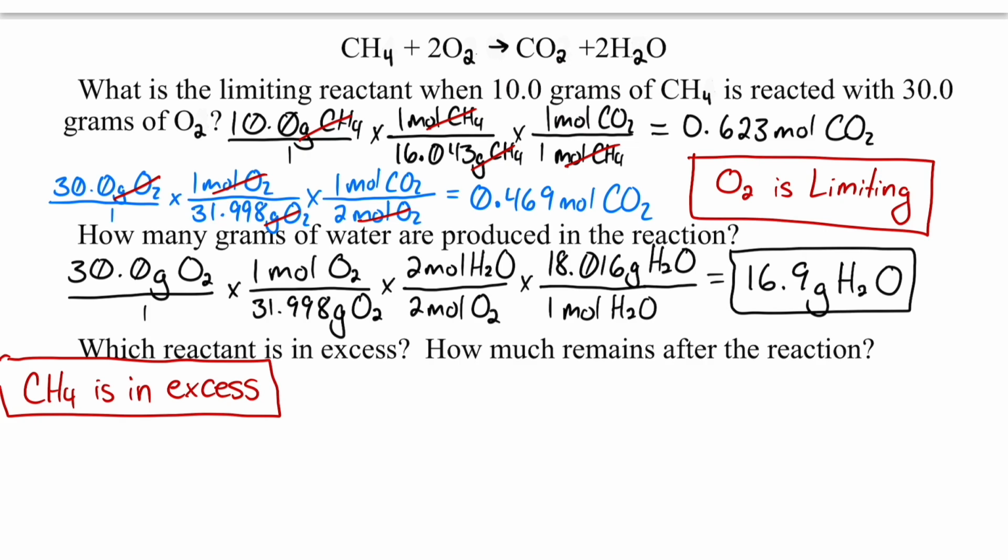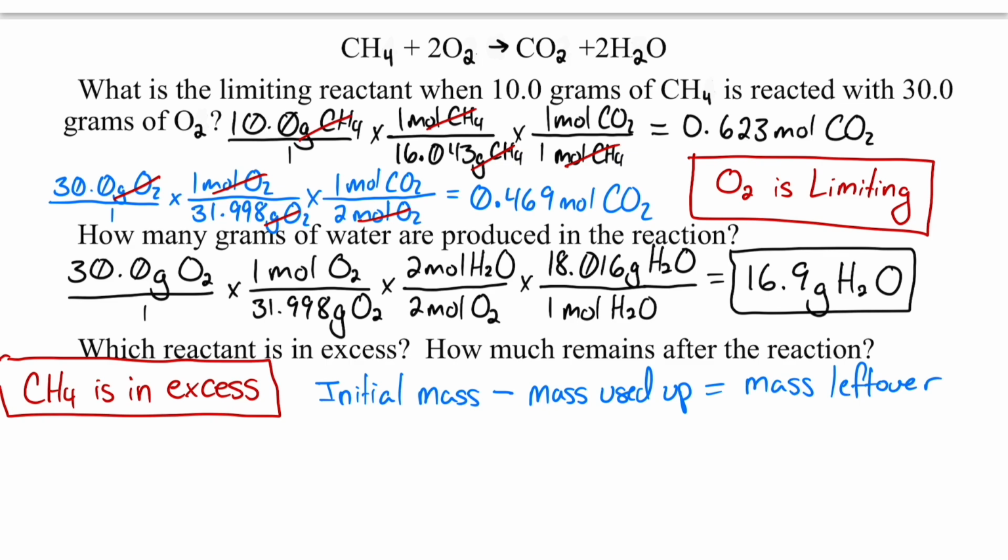So basically what we're going to need to do is take the initial mass of methane and subtract the mass used up in the reaction, and that will give us the mass of methane left over.